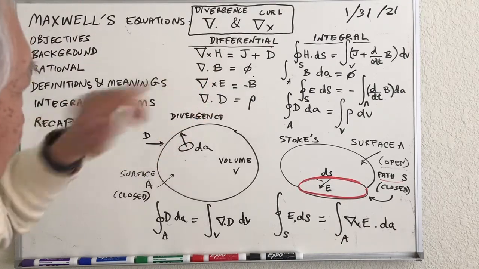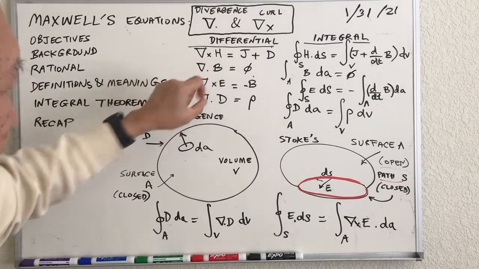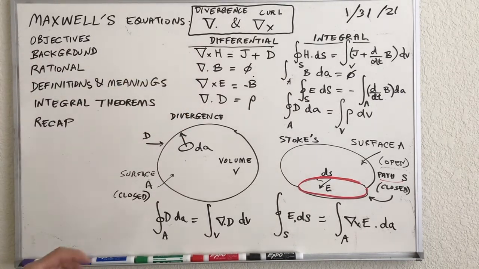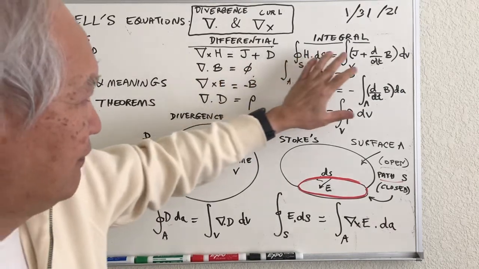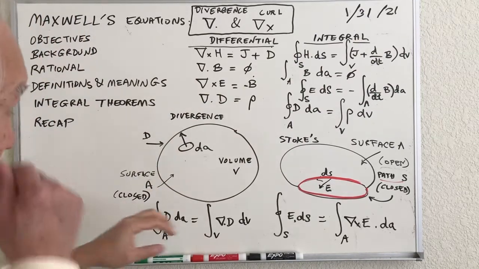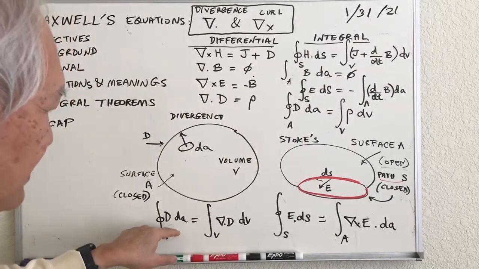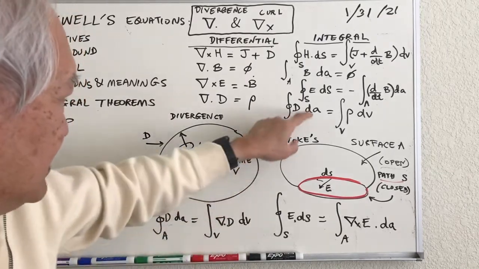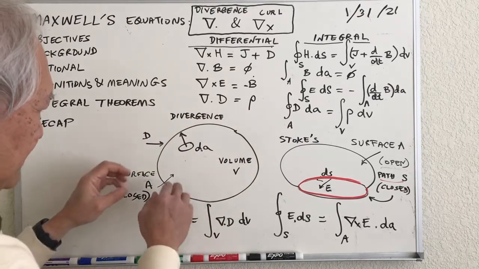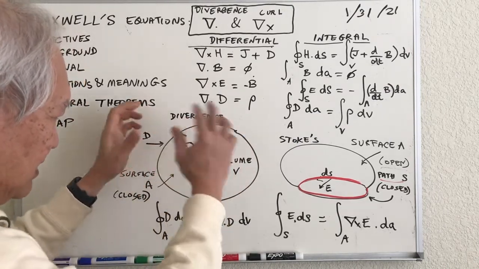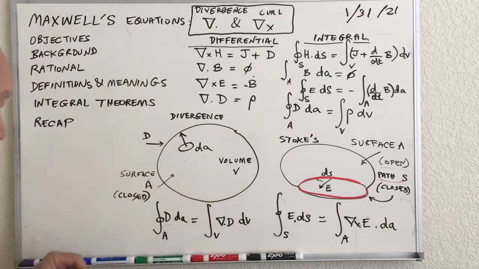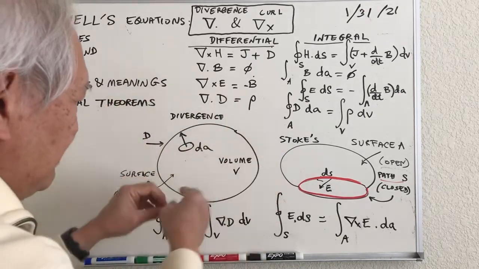Now, why do we need these del cross and del dot, which are the divergence and the curl? When we talk about the integral forms, this is explained at a high level, like, for example, the case of divergence of D here. We talk about a volume, we talk about a surface, and the surface completely encloses the volume, and we talk about it in general terms, and that could be a really big volume, could be a very small volume.